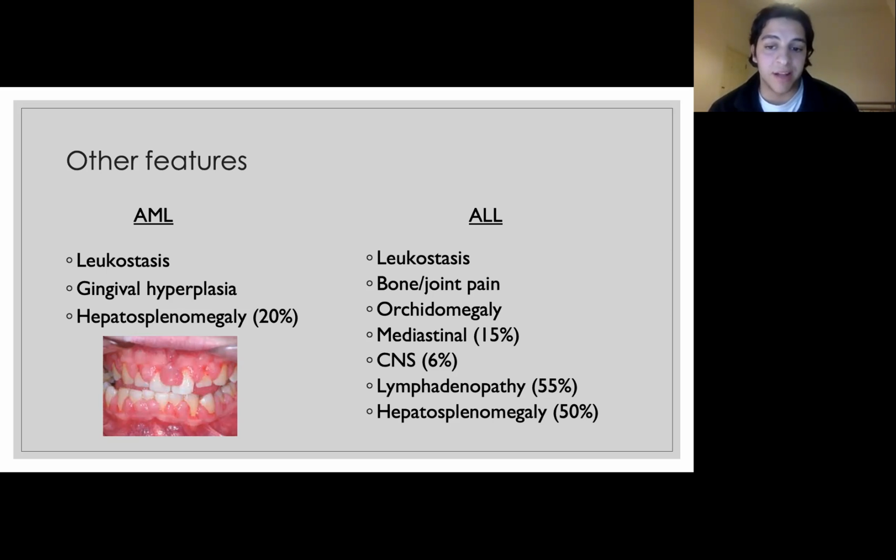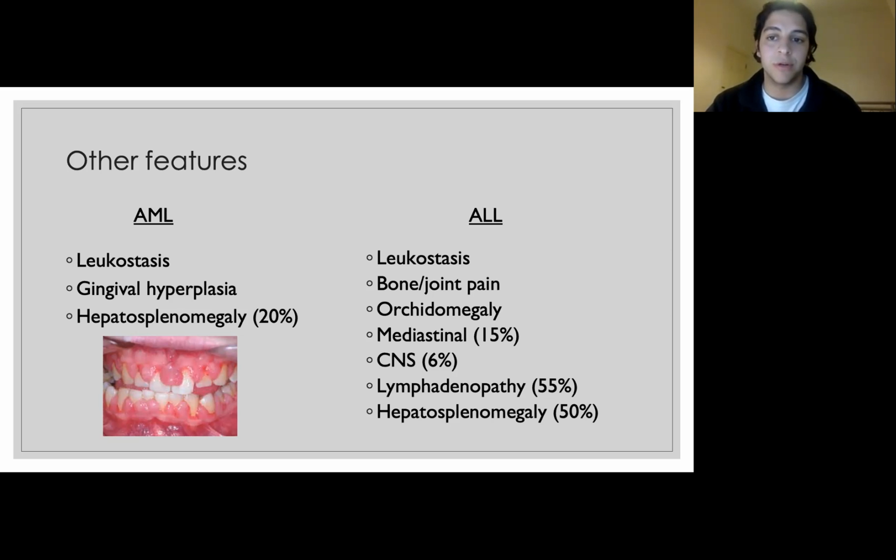And for ALL, they have induction and consolidation chemotherapy. They can also have maintenance treatment for 2 years for girls and 3 years for boys to make sure you eradicate any testicular involvement. And you can also give central nervous system prophylaxis as well, so intrathecal chemotherapy. So that's a broad overview of acute leukemias.